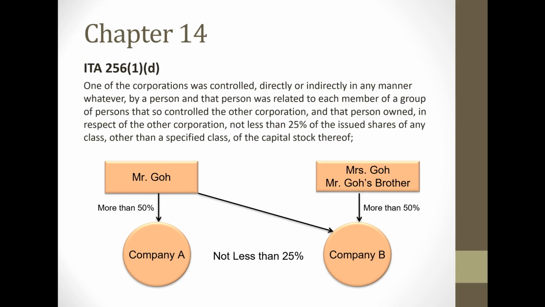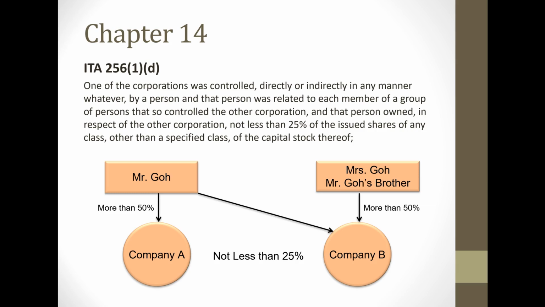Moving on to the next slide, ITA 256.1d. Now in this example, Mr. Go controls Company A because he owns more than 50% of the voting shares of Company A. Now when we go to the other end and look at Company B, that is controlled by a group.